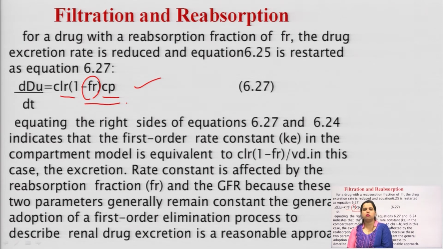So, the general adoption of the first order elimination process to describe renal drug excretion is a reasonable approach. We usually follow first order kinetics for renal drug excretion, and both the GFR and the reabsorption fraction remain constant.